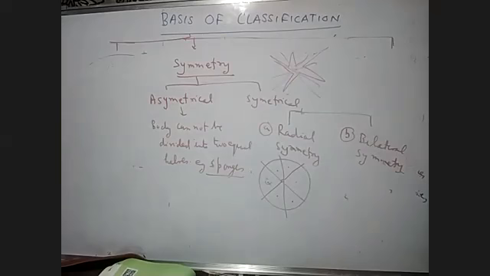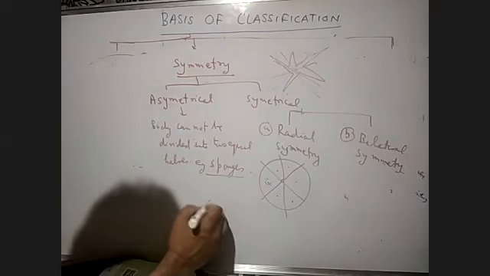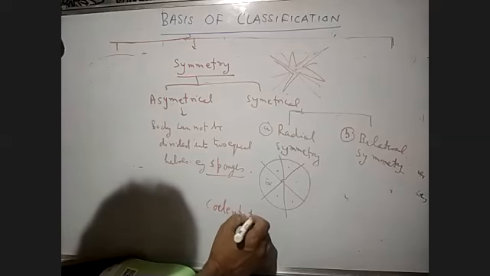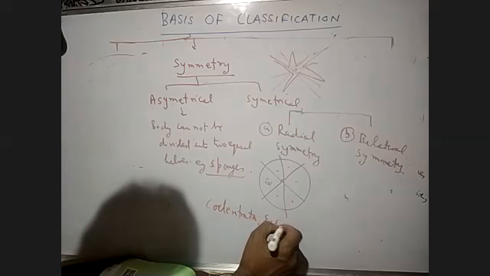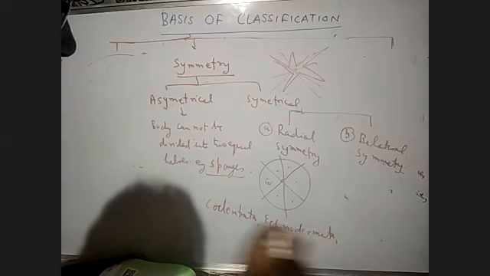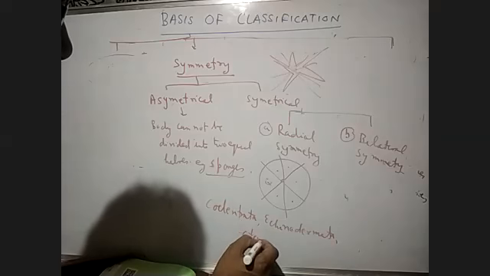Radial symmetry is found in three phyla of animals: Coelenterata, Ctenophora, and Echinodermata. This has come in the NEET exam also.